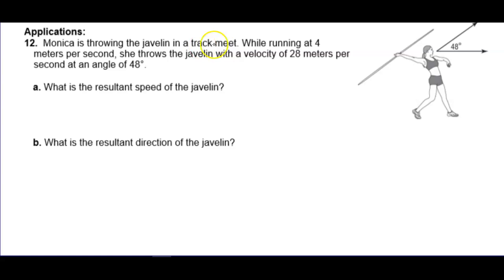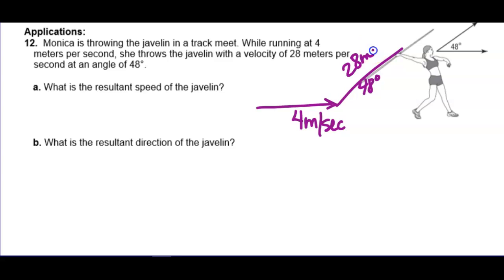Monica is throwing a javelin in a track meet. She is running 4 meters per second this way. And she throws the javelin, you could draw it here or here, doesn't matter, at 48 degrees at 28 meters per second, sorry.